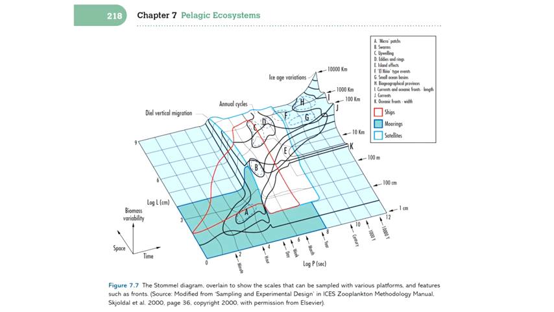So these three different modes, satellites, moorings, and ships, enable us to examine different spatial and temporal components of the global ocean.